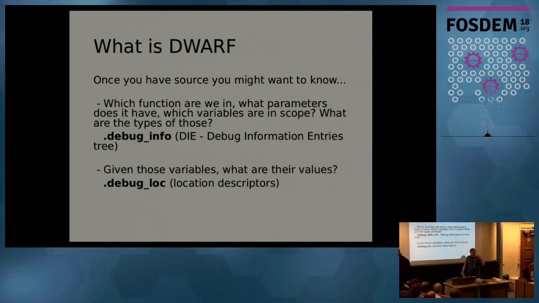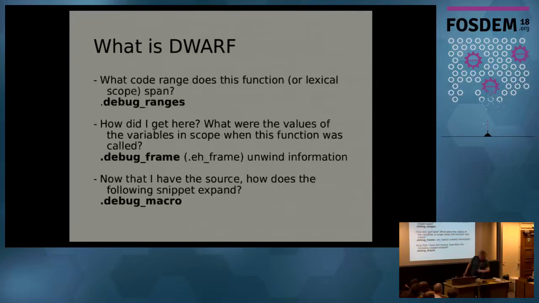So you have that, and then given those variables, you want their values, the location descriptors, which I thought worked pretty well, but then, well, you saw the last talk. You want to know ranges of things, so you have debug ranges.